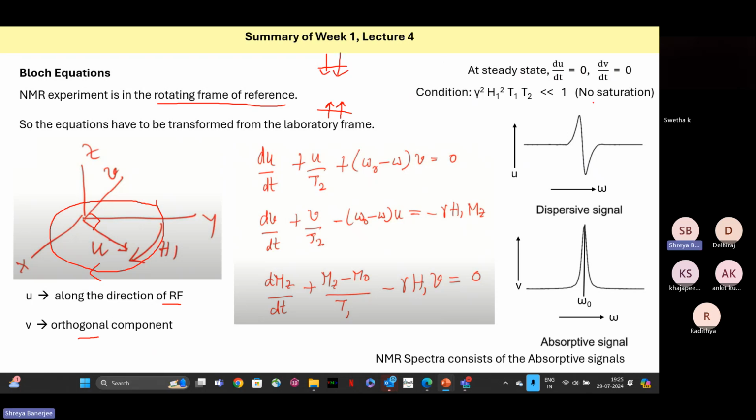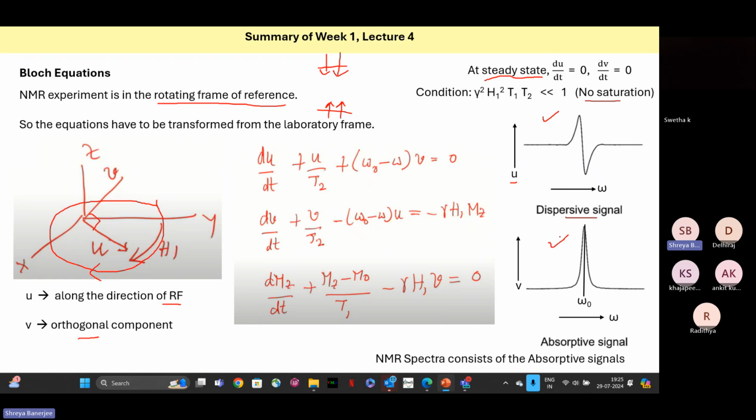If you have a condition of no saturation, which is the normal condition that exists when taking NMR, and you have steady state, that is equilibrium conditions, then if you plot the u vector with frequency, you will get this kind of a signal, which is called a dispersive signal. If you plot the v vector, that is perpendicular to the u vector, with respect to frequency, you will get this kind of a signal, which is called an absorptive signal.